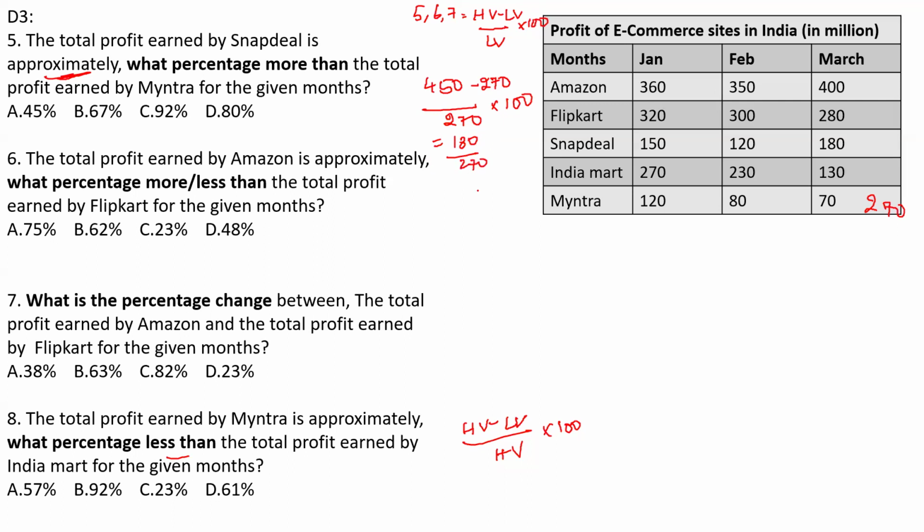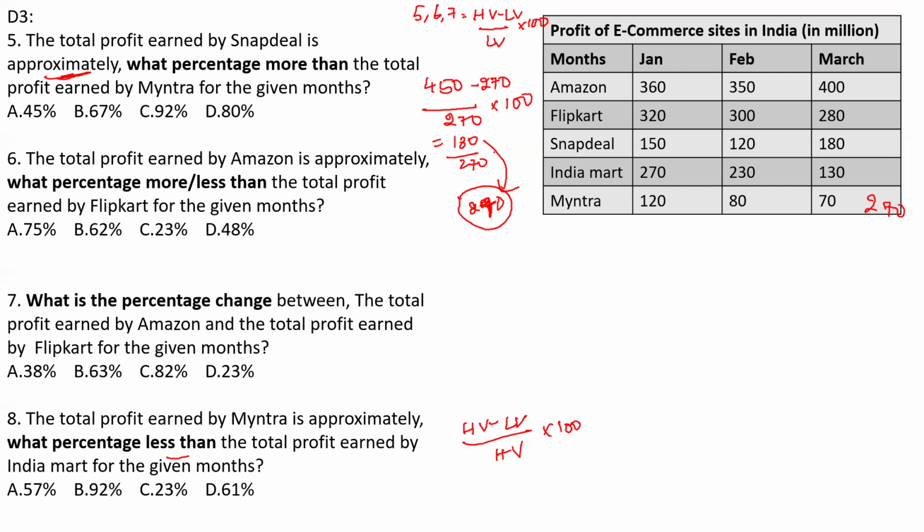See, my dear NET aspirants, the question is, from this 270, what is this 180 going to be? The answers are 45, 67, 92 and 80, right? So you can easily find the percentage, like 50%. Don't calculate manually.